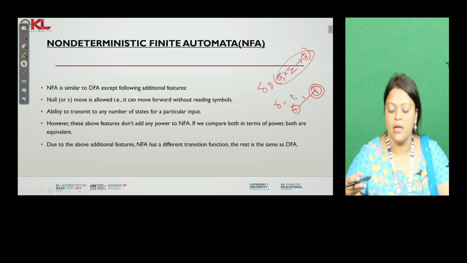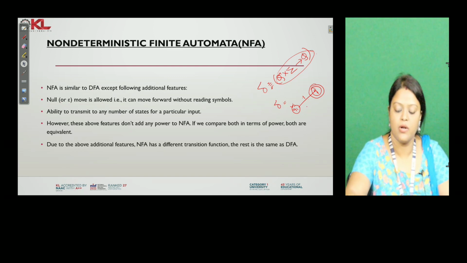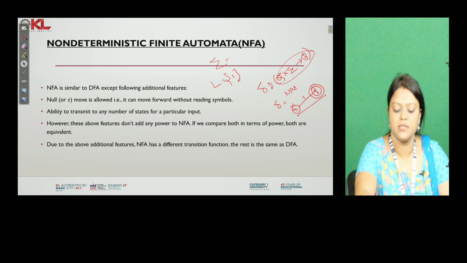So if we have to design a language which accepts only 1, suppose this is the NFA for this one. The alphabet is suppose 0 and 1, so we don't need to think about 0.